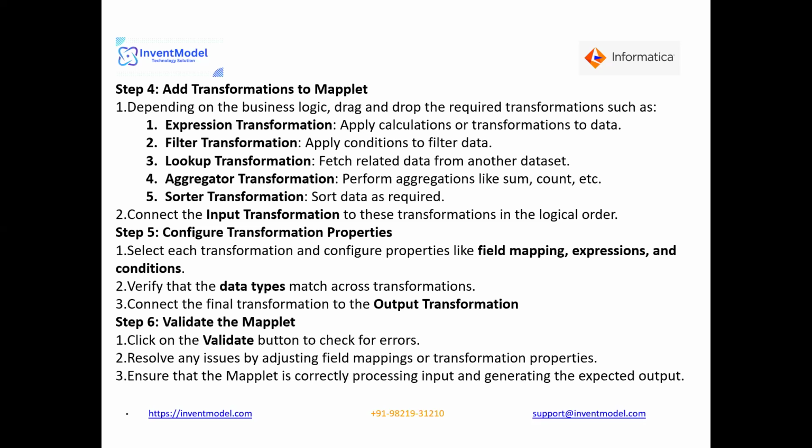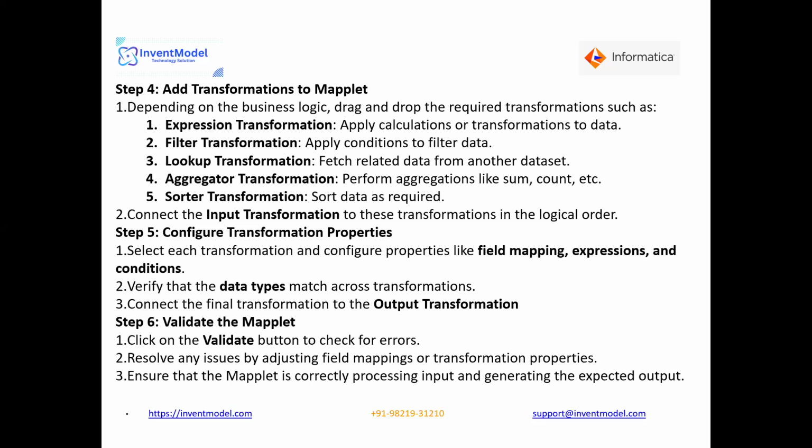So basically you have to connect them in the logical order as given here. Now, step 5 is to configure transformation properties. The first step is to select each transformation and then configure properties like field mapping, expressions, and conditions. So these will be available there, and we have to configure these properties when we create the Mapplet.